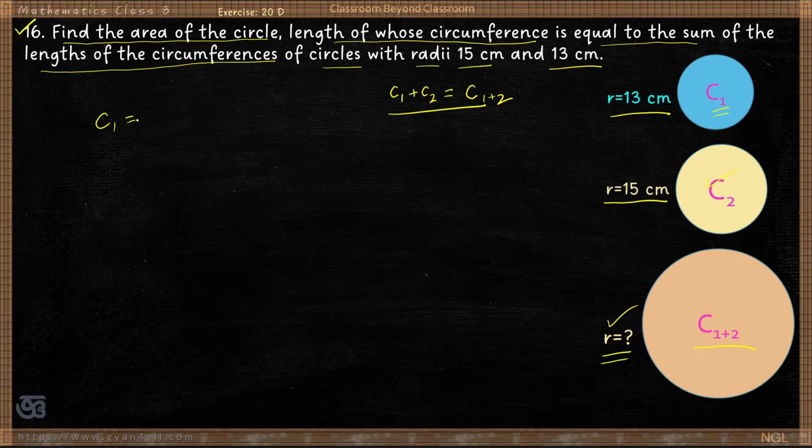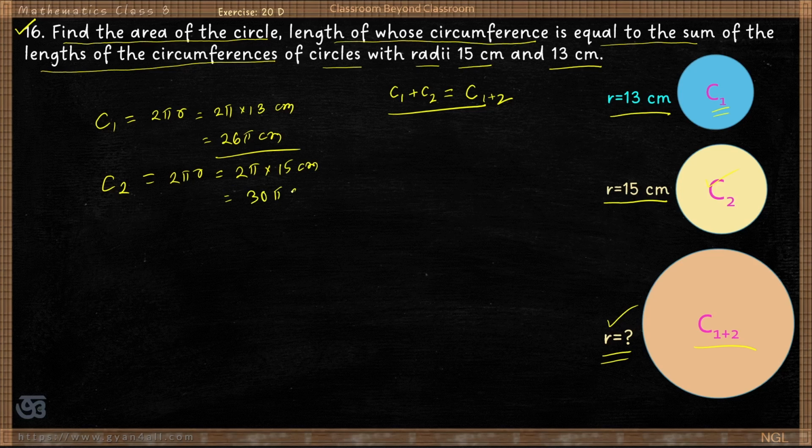So circumference of the small circle is equal to 2πr, which is 2π into 13 centimeter. This is equal to 26π centimeter. Circumference of circle 2 is equal to 2πr, and this is equal to 2π multiplied by radius 15 centimeter. So this is equal to 30π centimeter.